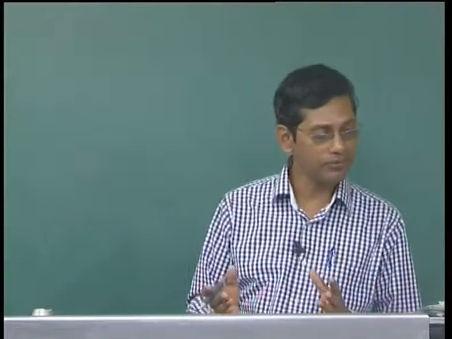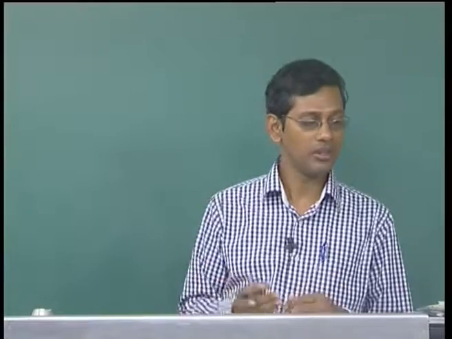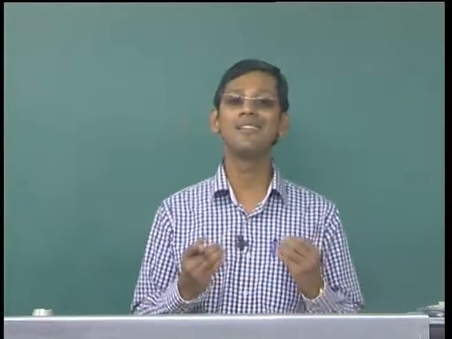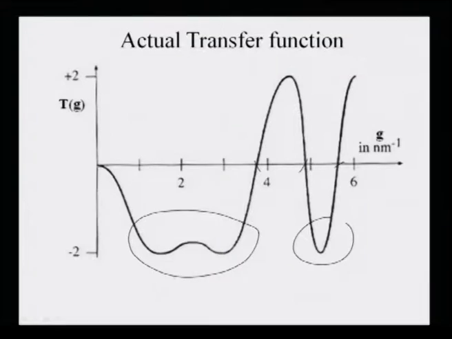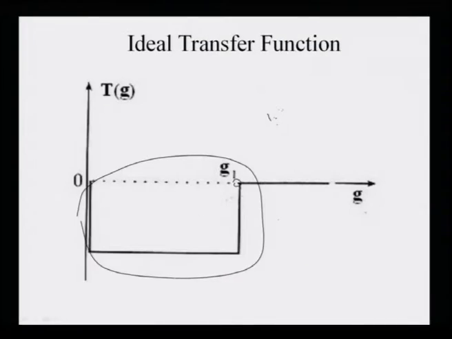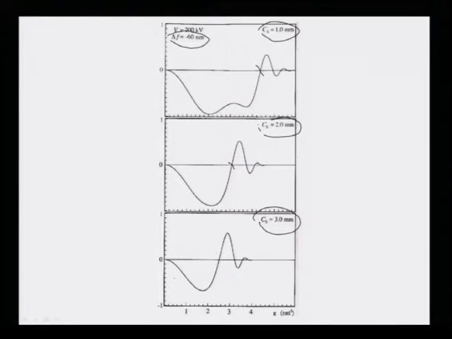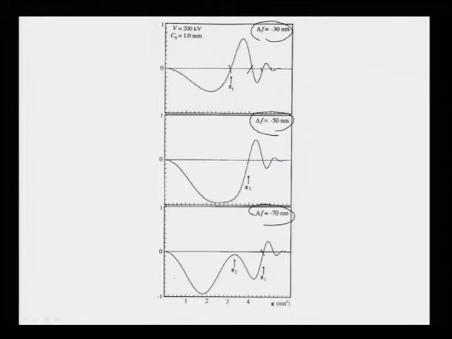So, these frequencies can be thought of as filtered out. Obviously the best transfer function will be the one with the least number of zeros. The one I showed you one slide back is the ideal transfer function, where there is only 1 zero. Therefore, the best one will be the one with the least number of zeros, so that the best resolution is possible.